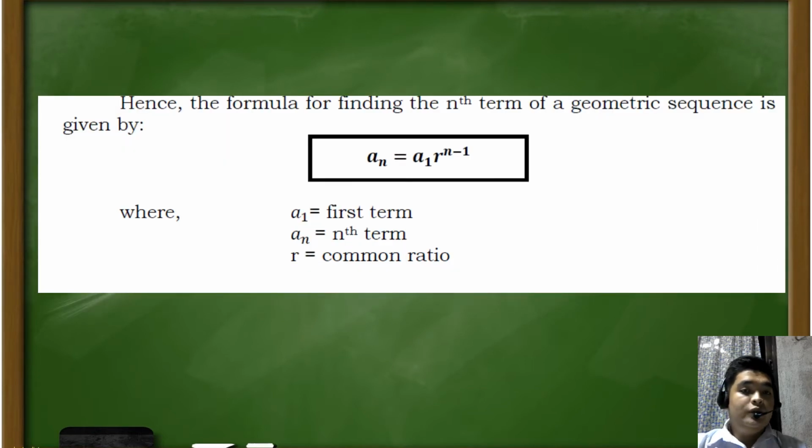The formula for finding the nth term of a geometric sequence is a sub n equals a sub 1 times r to the power of n minus 1, where a sub 1 is the first term, a sub n is the nth term, and r is the common ratio.